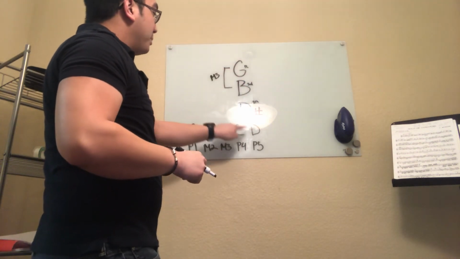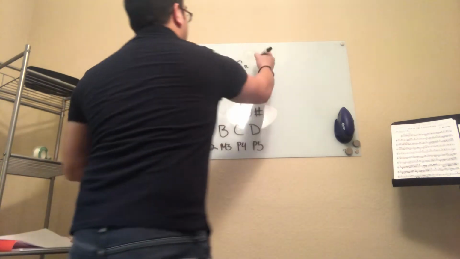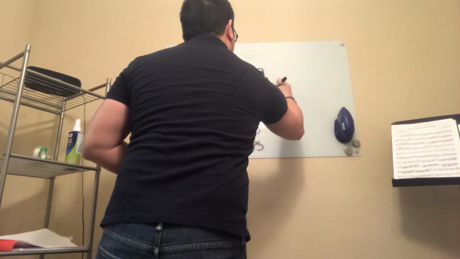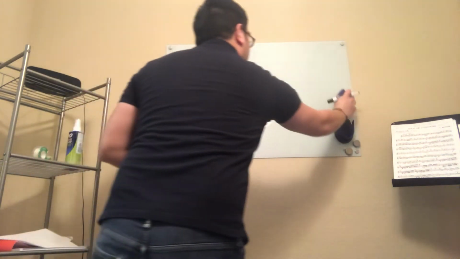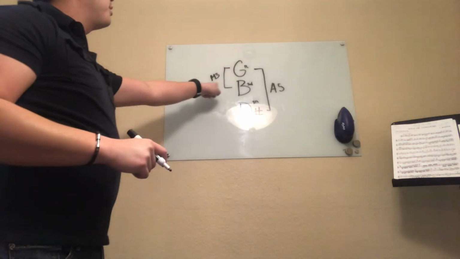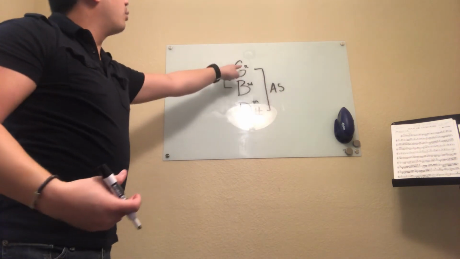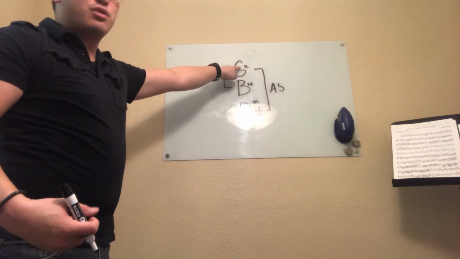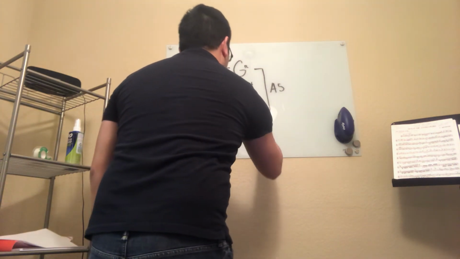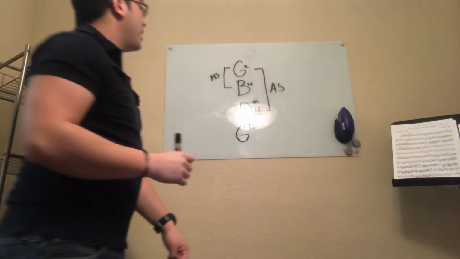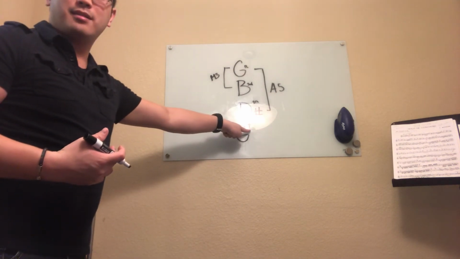G to D sharp is a half step higher than D natural, so this is an augmented fifth. A major third and an augmented fifth gives me an augmented triad. The root is the name of the triad. So this is G augmented. Remember, an augmented triad is capital letter with a plus.